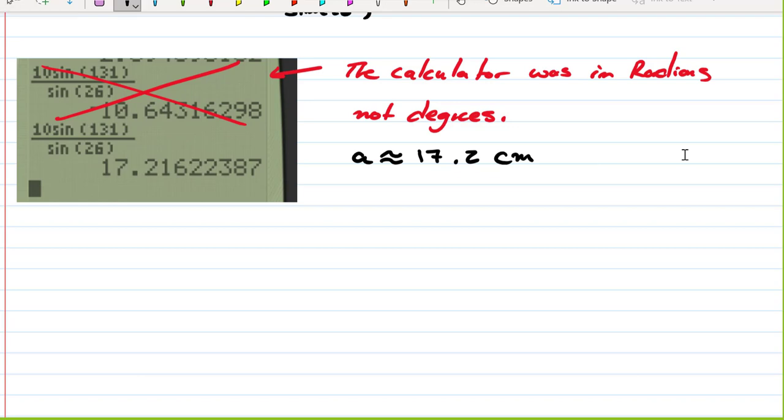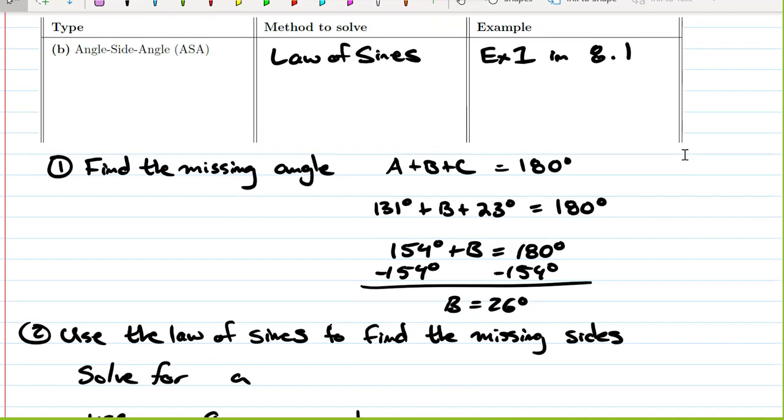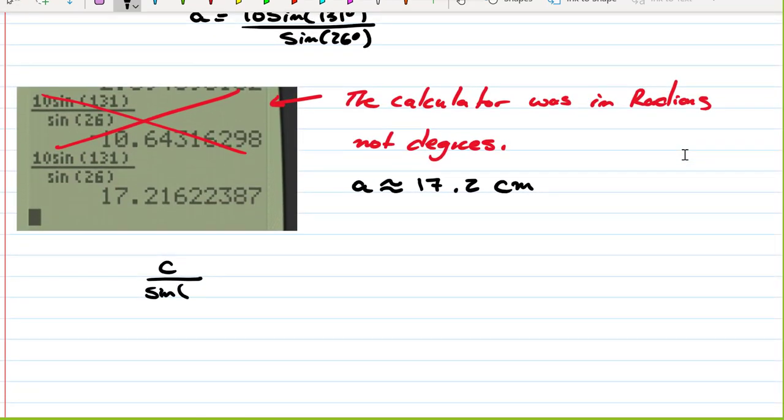So now we need to solve for C, doing the same thing. We have C over sine C, which is 23 degrees, is equal to 10 over sine 26 degrees.